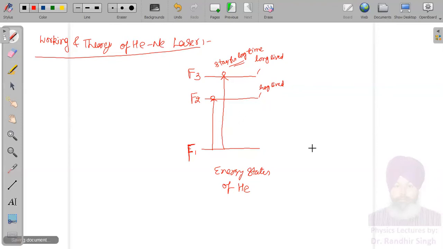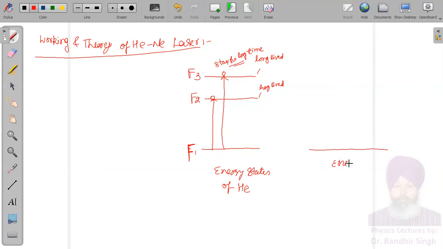On the other hand, if I draw the energy level diagram of neon, we have to remember it as such because it is a characteristic property of the atoms, since both of these gases are monoatomic.